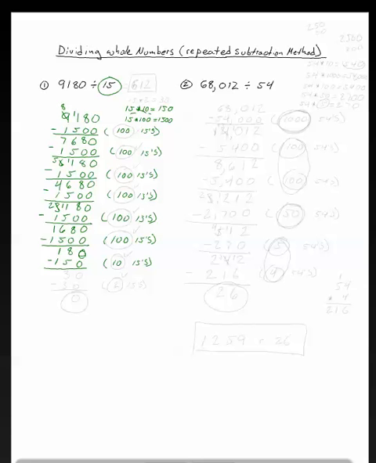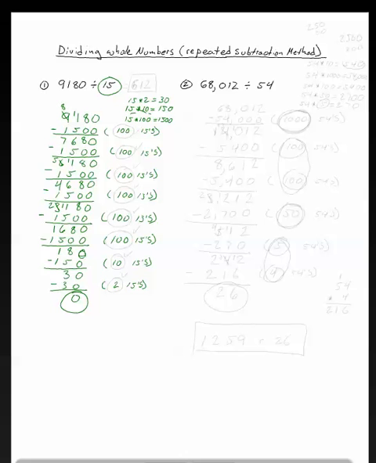And that's going to give me 0 minus 0 is 0, 8 minus 5 is 3, and 0 minus 0 is 0. Well, now I have 30, and I know that 30 is 2 15s. So I'm going to subtract 30 and know that that's 2 15s, because 15 times 2 is 30. And 30 minus 30 is 0.